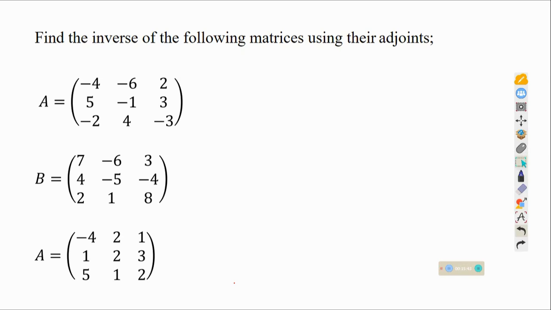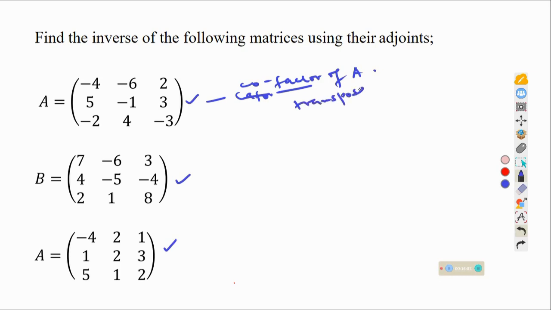So try to look at each of these, that is A, B, and C. First get the cofactor matrix of A. After getting the cofactor matrix, take its transpose. After taking the transpose, get the determinant, and after getting the determinant, use the relation 1 over the determinant of that matrix times the adjoint, which is the same as the transpose of the cofactor matrix.